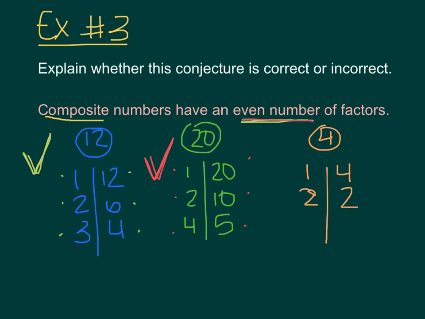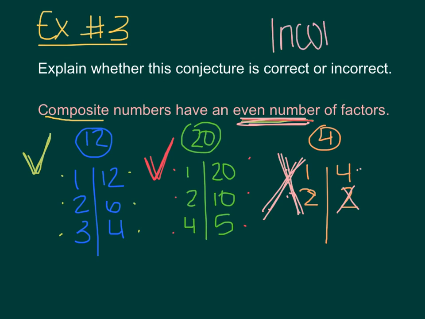Now this one's a little tricky. It has 1, 2, 3, because we can't count the number 2 twice. It's the same number, so we can't count it twice. So it only has 3 factors. And 3 is not an even number. So this just proved this conjecture incorrect. And we would use this problem as our explanation.